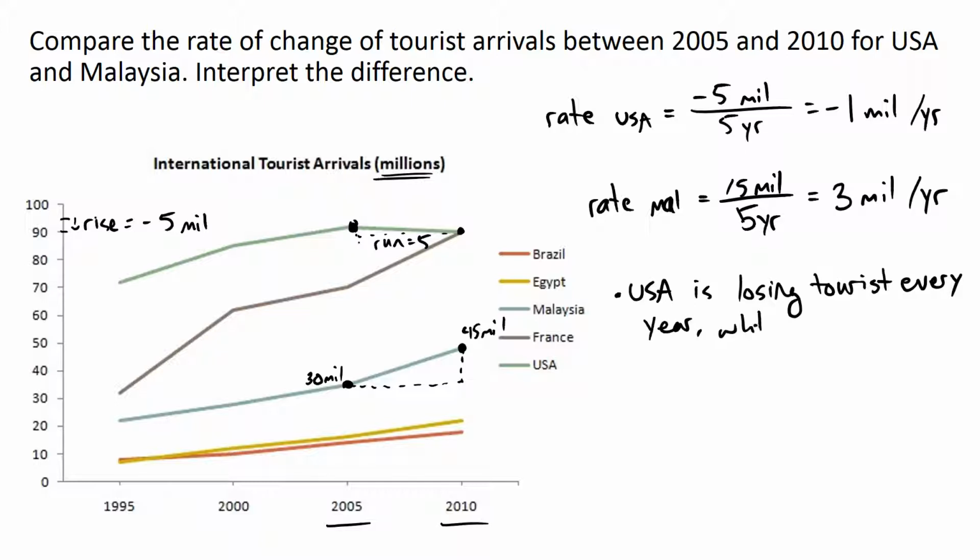Malaysia is growing in tourism. So the US still has many more tourists than Malaysia, but the United States tourism industry is declining while Malaysia's tourism industry is climbing.